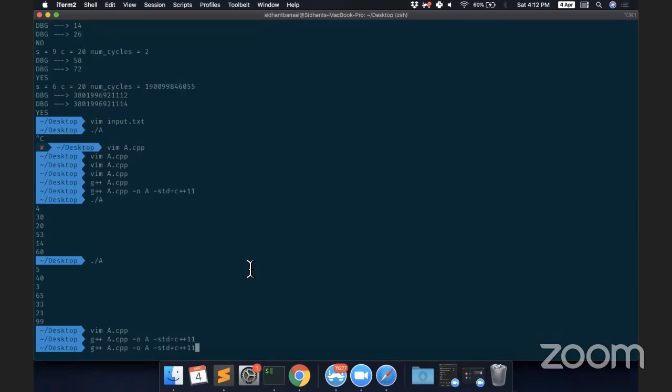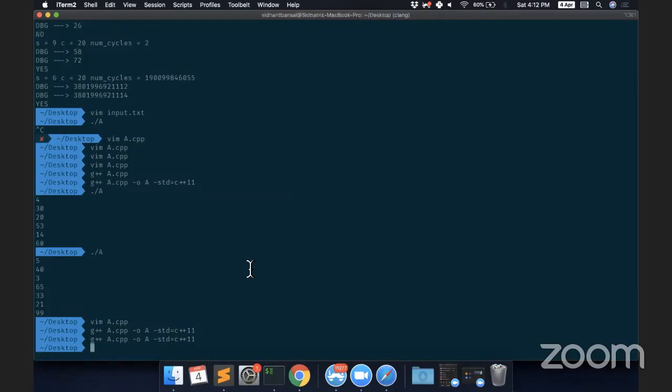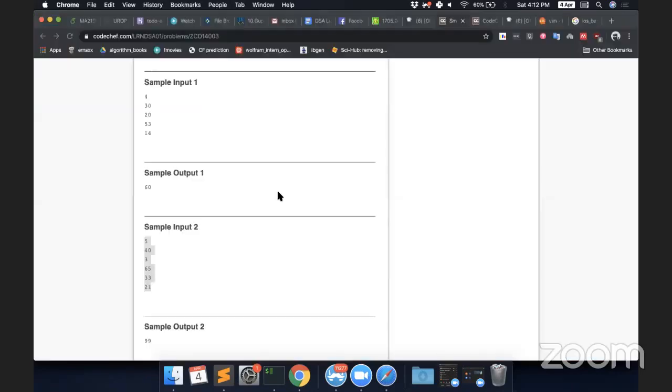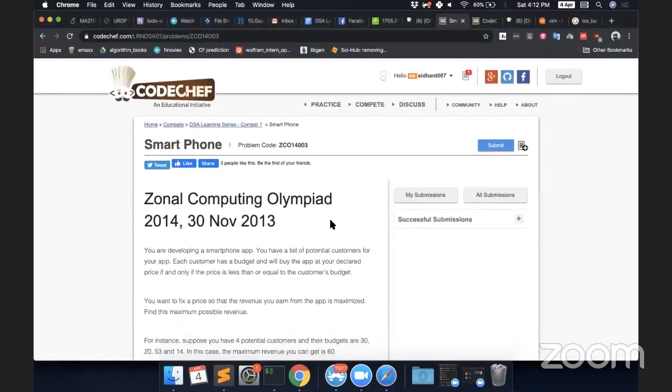This compilation time is not counted by the online judges, but the execution time is counted, which is taking this program, giving it input and waiting for the output. Both giving input, the scanf part, and printing output, the printf part, are part of the execution time. Declaring a vector or an array is also part of execution time.